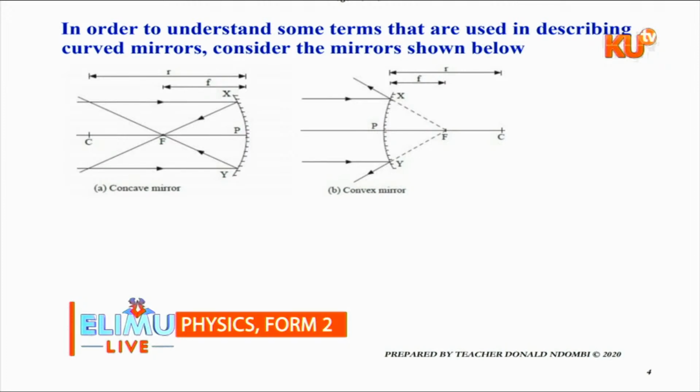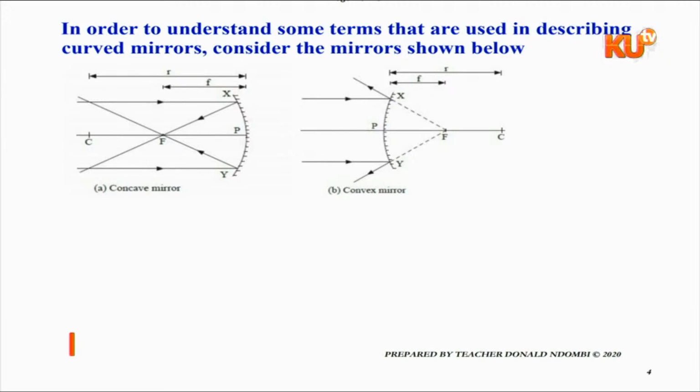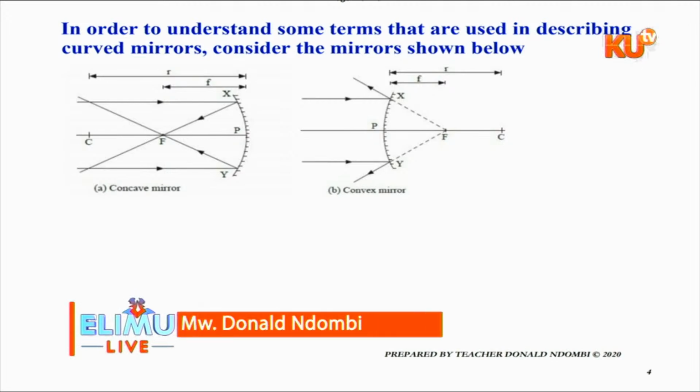You can see something written C, another one F, then a P. You can see some small f, some small r, with some distances and arrows showing. Then there is somewhere written XY.